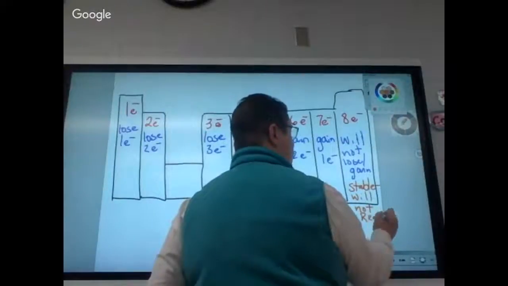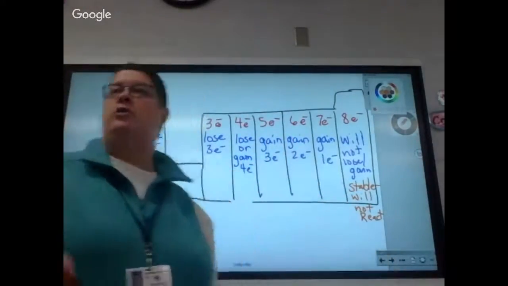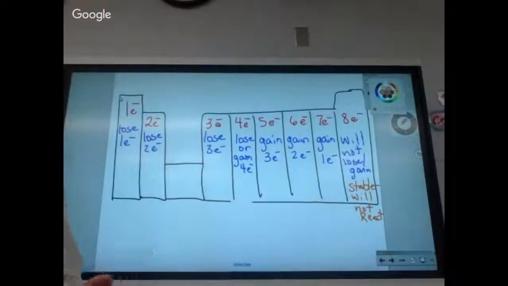So, what does that mean about the reactivity for these other groups? Some of you, I asked, who is the most reactive? The ones that have the closest ability to get to 8 are the most reactive. So who's the closest to 8? The one that's only 1 away. So who is only 1 electron away from being at 8? That's right.